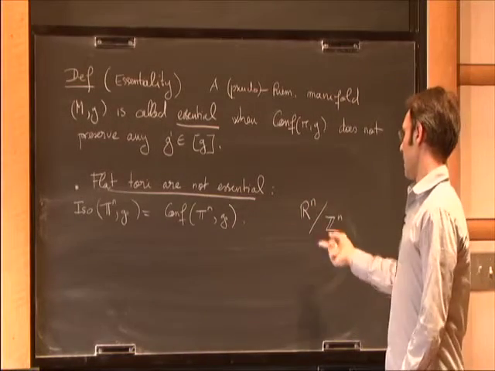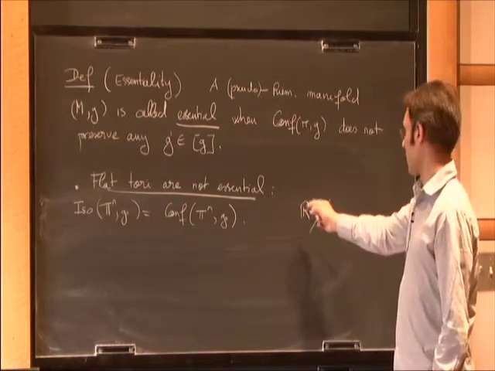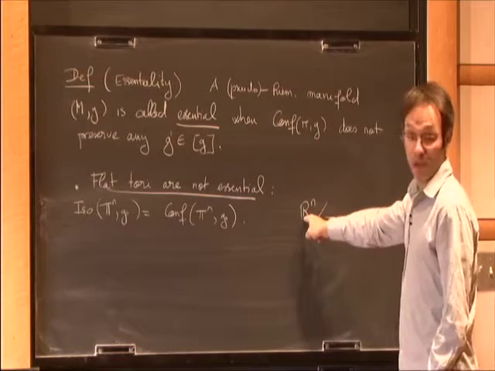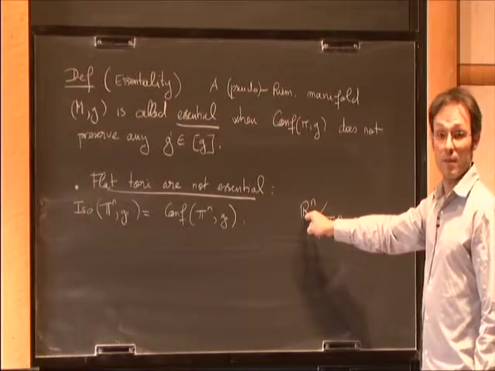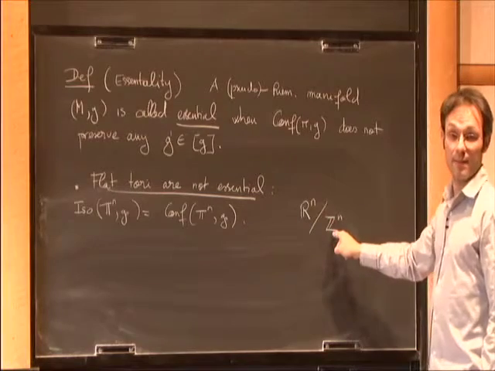Any conformal transformation here comes from a conformal transformation of Euclidean space, which must normalize this lattice.